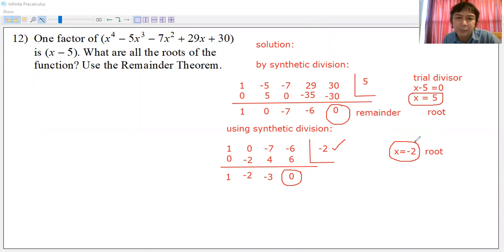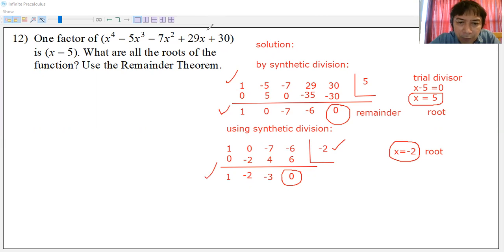Now you can make use of factoring here, because this is already second degree. I'll show you. Remember this is fourth, this is third, and now this will have to be second degree.